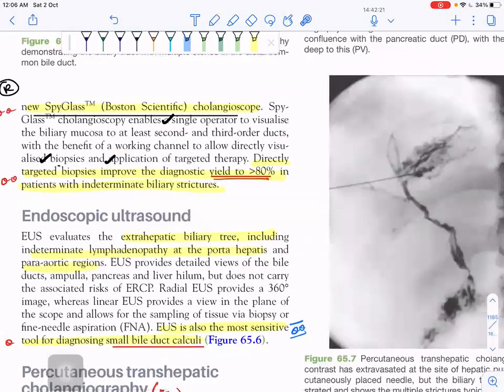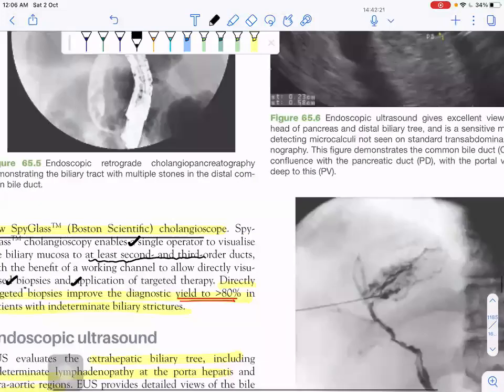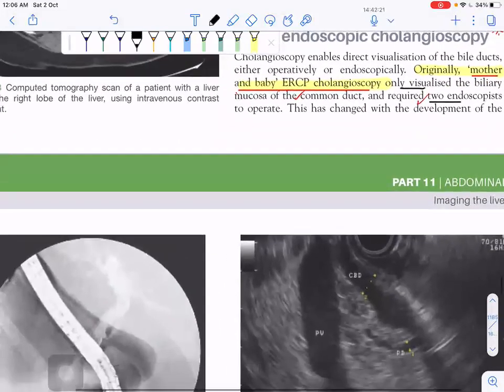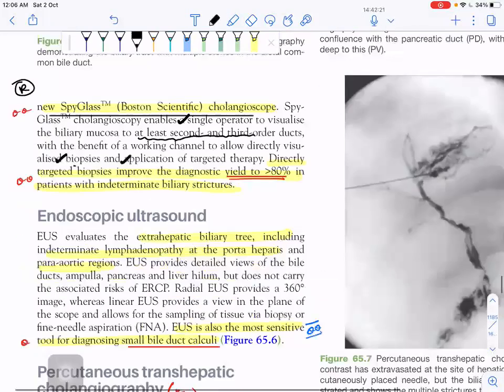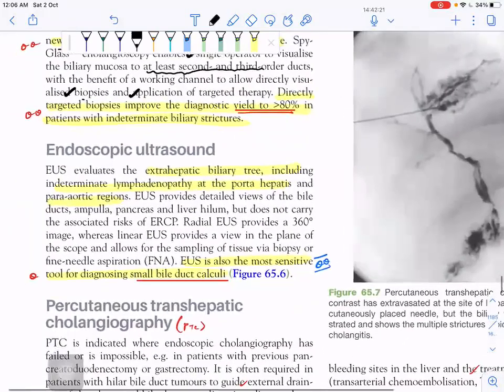One more advantage of SpyGlass is you can also visualize the second and third order ducts. In the conventional method, you can only visualize the first order. Here we are using second and third order also, and it is used for interventions also.